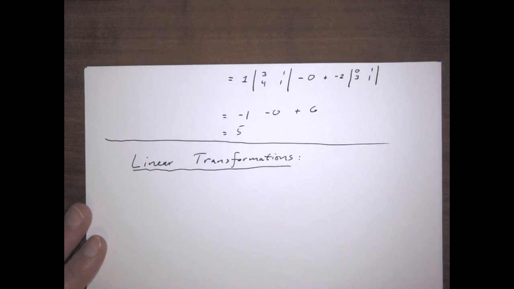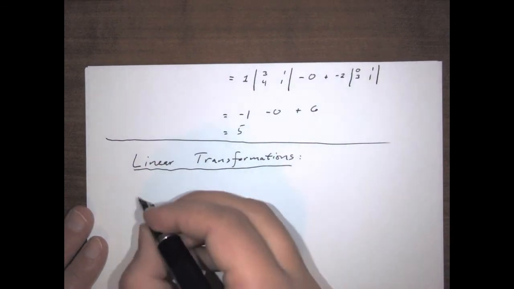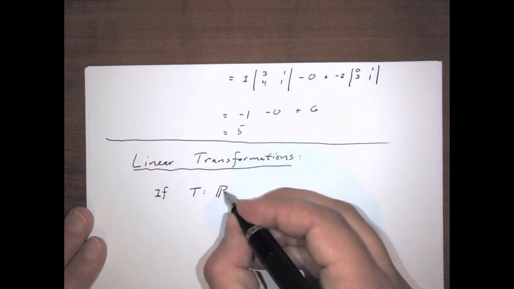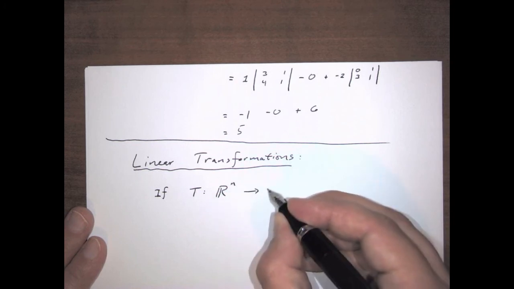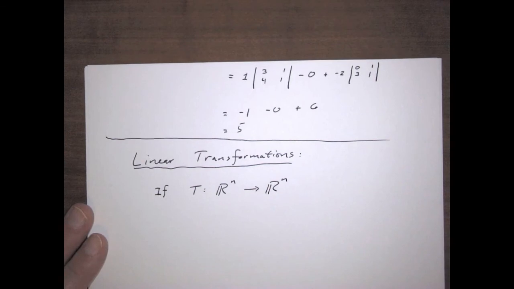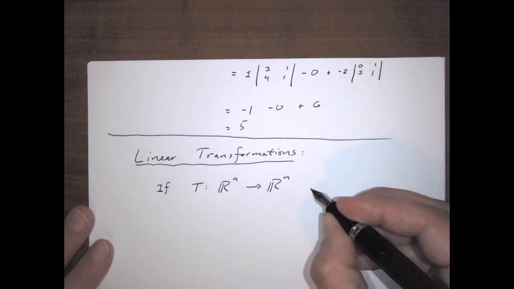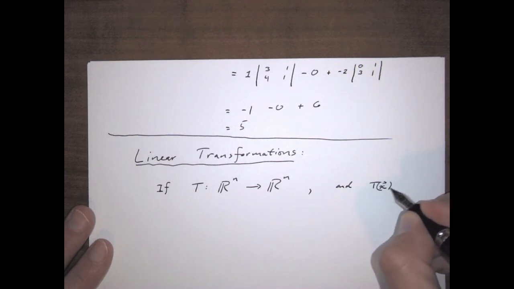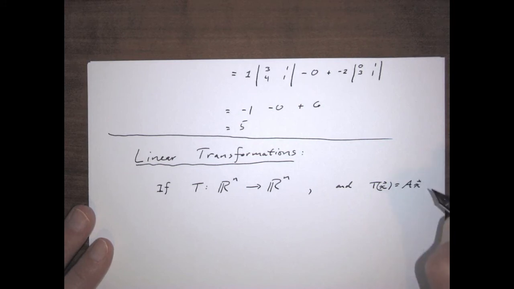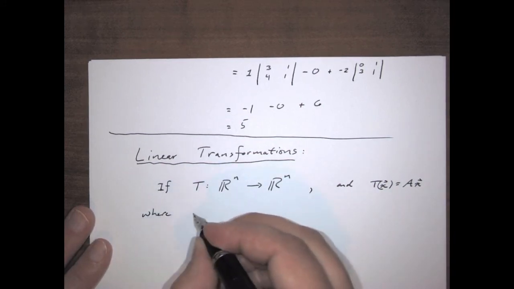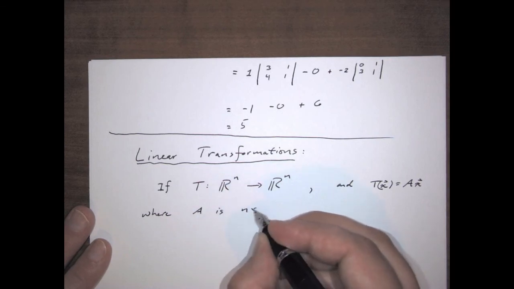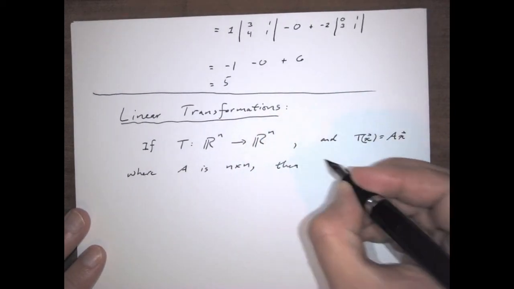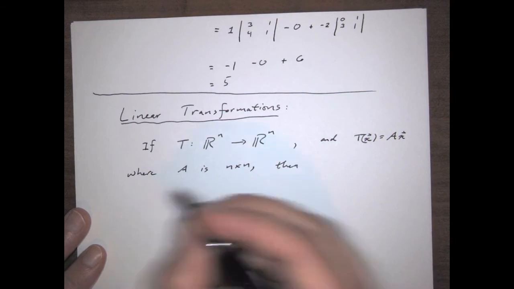So if we have a linear transformation that can be represented by a square matrix, so if T is mapping from Rn to Rn, and T of x is A of x, where A is, as usual, n by n, then what does the determinant of A mean?